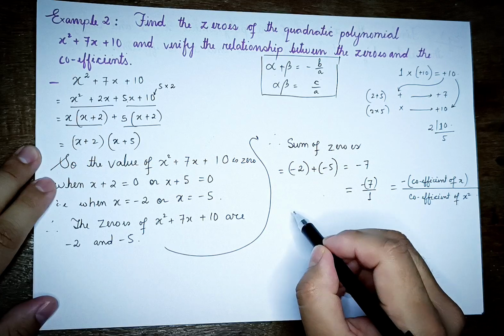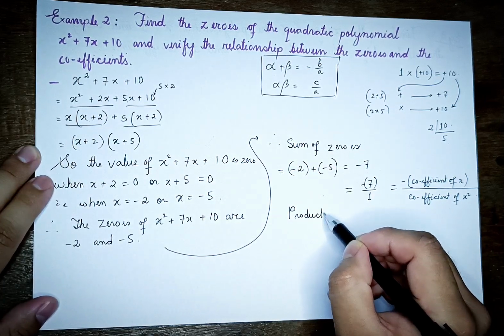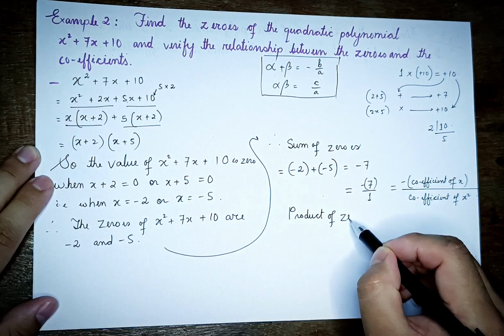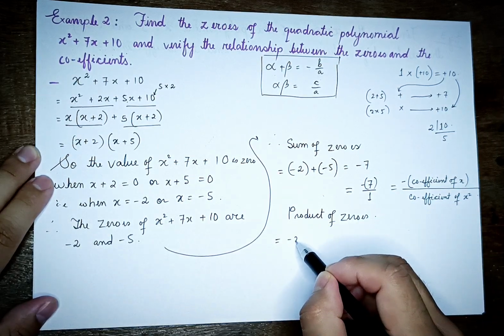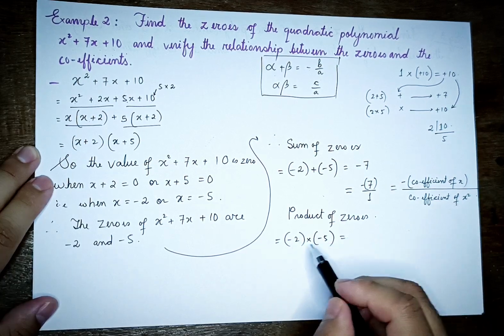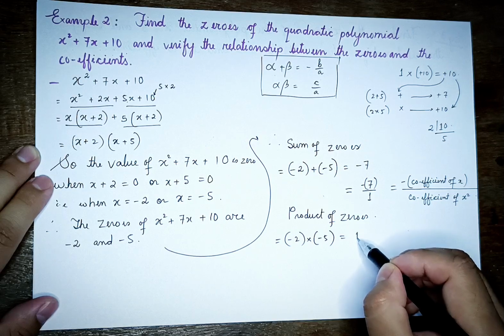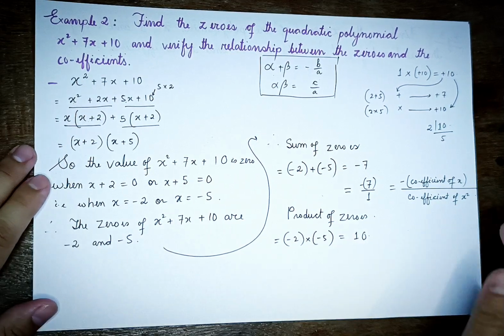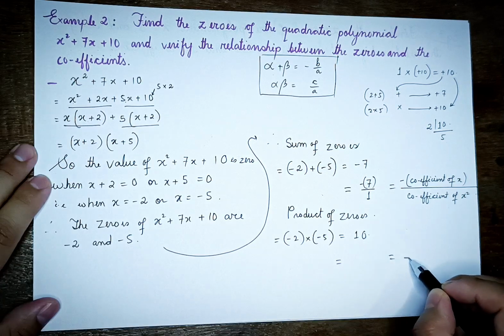Next is the product of zeros. Product of zeros is equal to minus 2 into minus 5. Multiplying these two, minus times minus, we get plus. So we get 10 here.